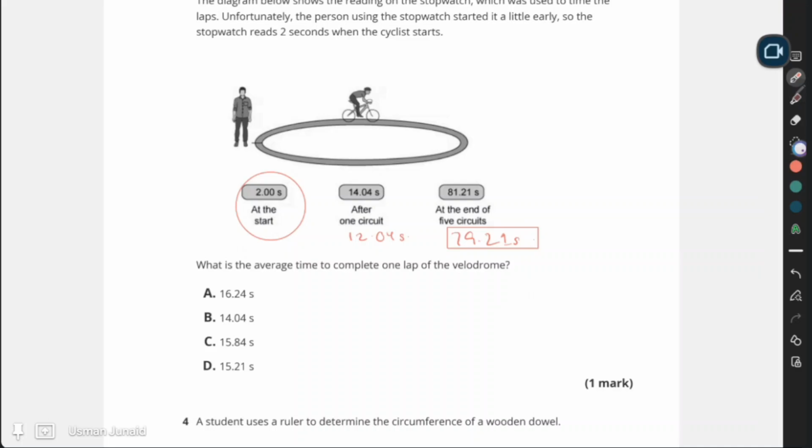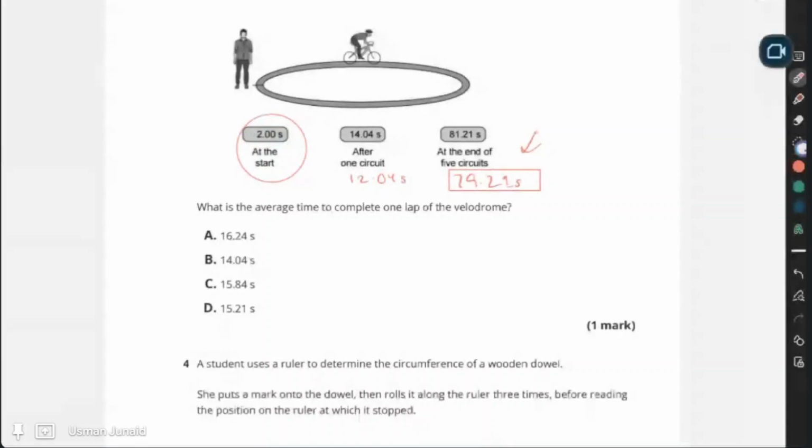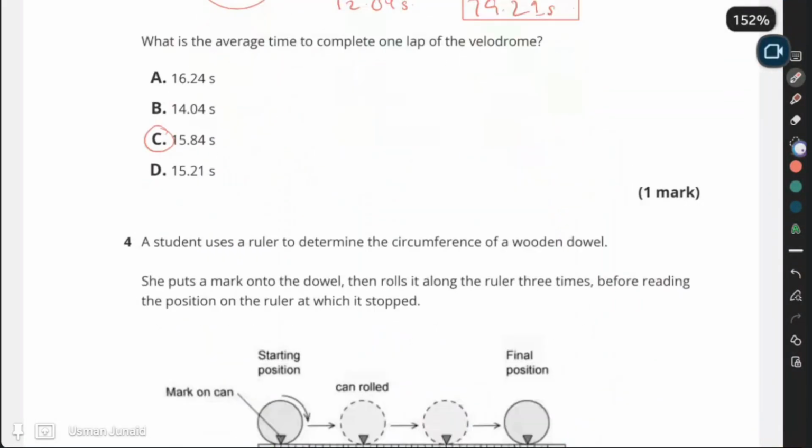This time, 79.21. Yep. 15.84. Yeah. So C. Okay.